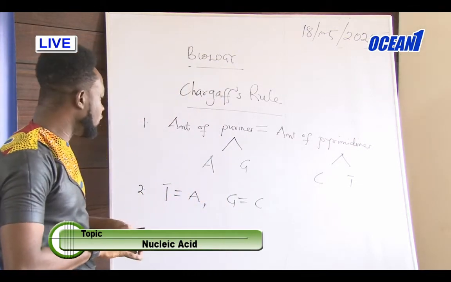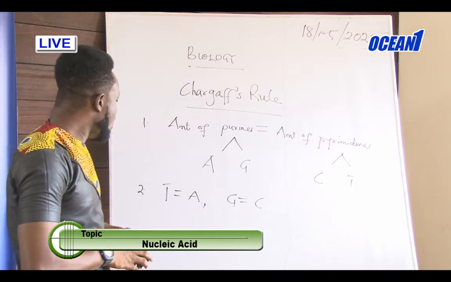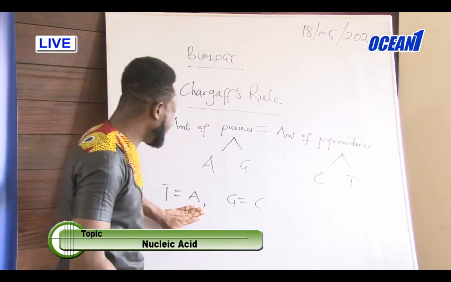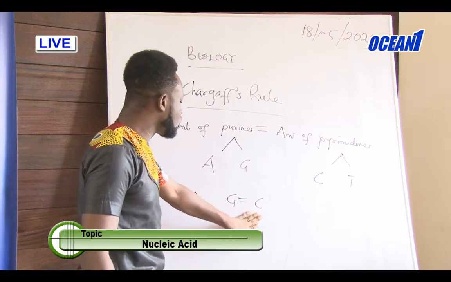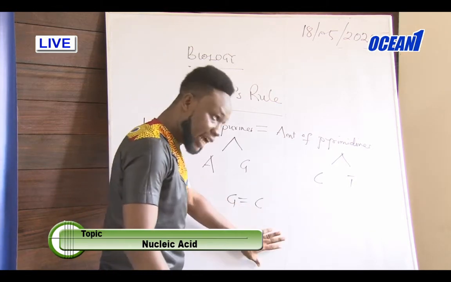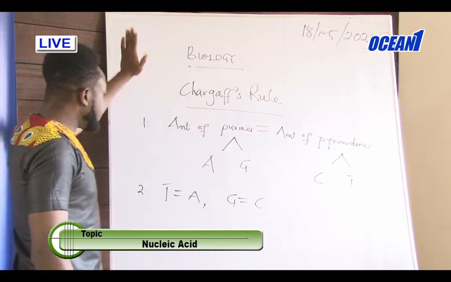The amount of thymine always equals the amount of adenine. Then the amount of guanine always equals the amount of cytosine.